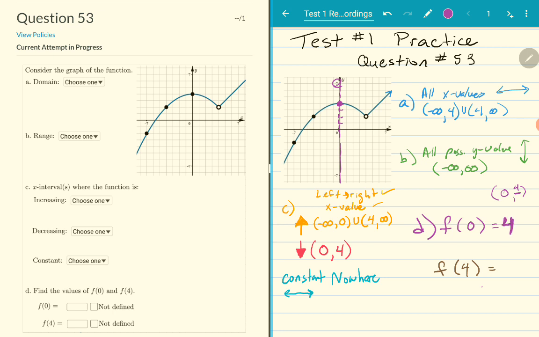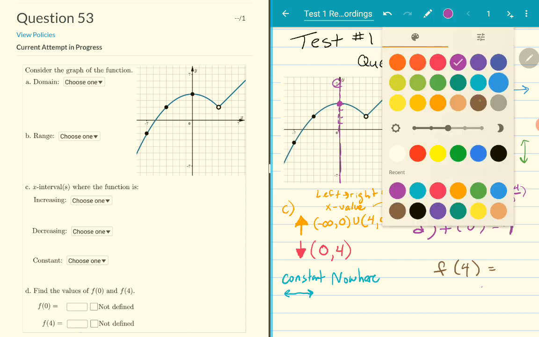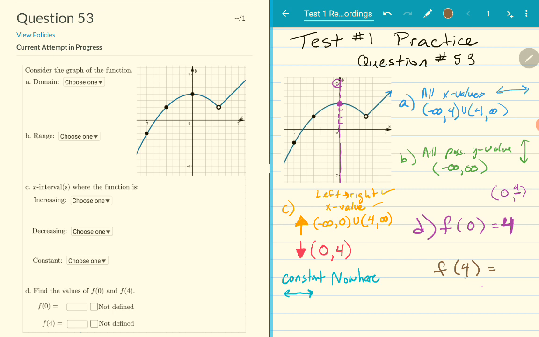And f of 4 means I go to my graph and plug in my x at 4. So I'm looking for what corresponds with x of 4. And I go to my x-axis and I go 1, 2, 3, 4.